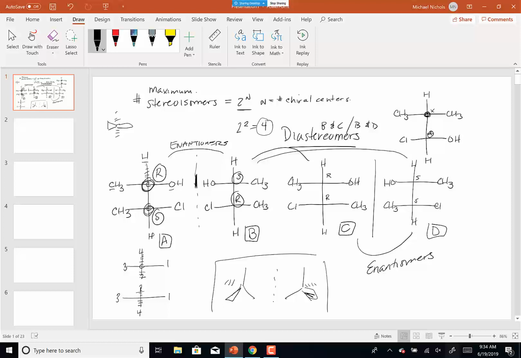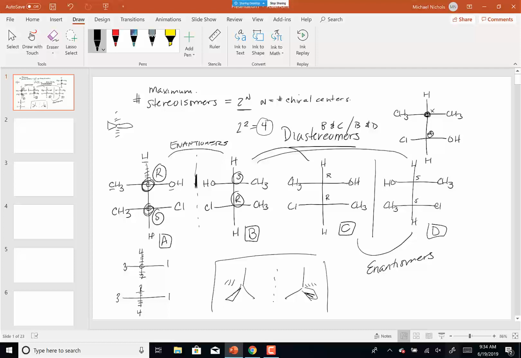If I gave you a pair, what are they? Enantiomers or diastereomers? And so you could determine R and S for each chiral center. There's going to be systems where that doesn't work.